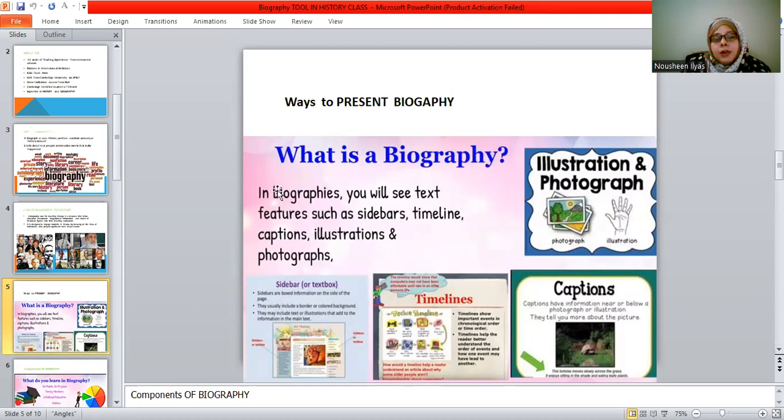For example, for grade 5, if I give a topic for primary level to write a biography about Abdul Sattar Edhi, you can give a picture and some bullet points. They will give you an illustration and some important points like where he was born, what he did, and why he was famous.